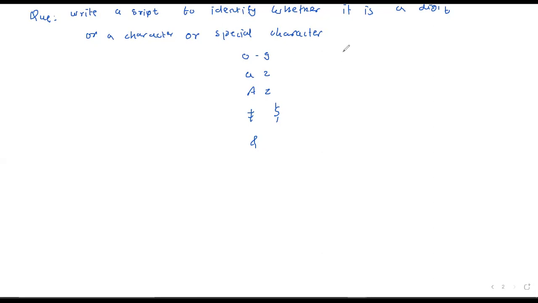That means when you enter 5, the action should be: it is a digit. If you enter, suppose, P, the action should be: it is a character. And when you enter anything other than this, the action should be: it is special.